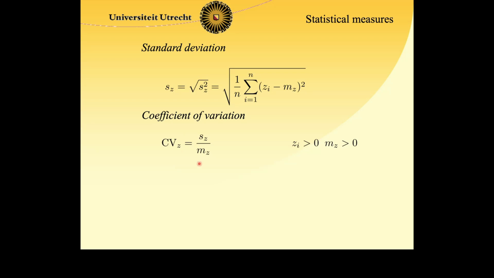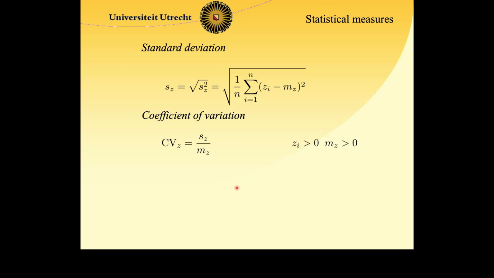Now the coefficient of variation only has meaning if we're dealing with strictly positive variables. So groundwater level would not be a good one because depending on the reference level you take, it can be both positive and negative. But for instance, hydraulic conductivity or concentration are strictly positive variables, so they can be 0 or larger than 0 only. For these one-sided distributions, we can use the coefficient of variation.